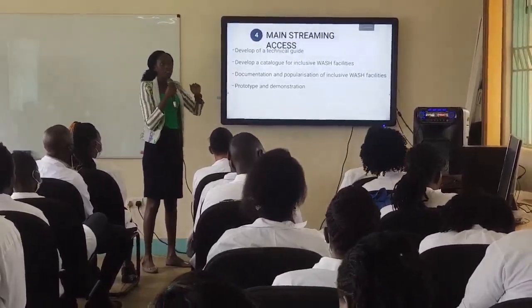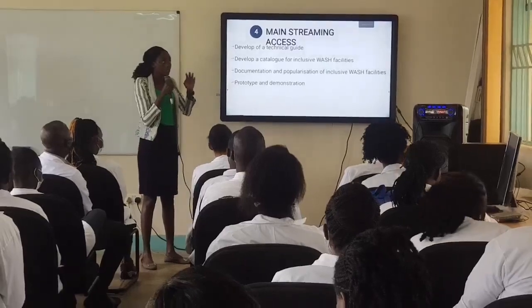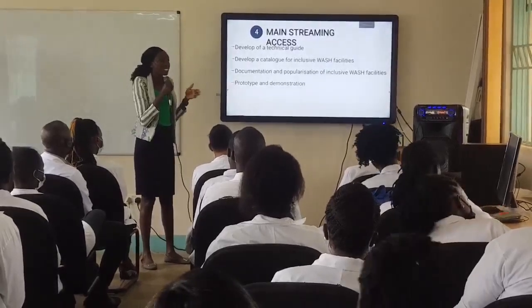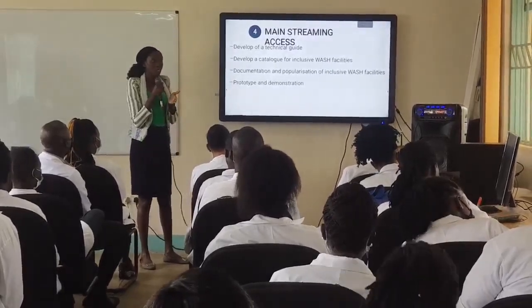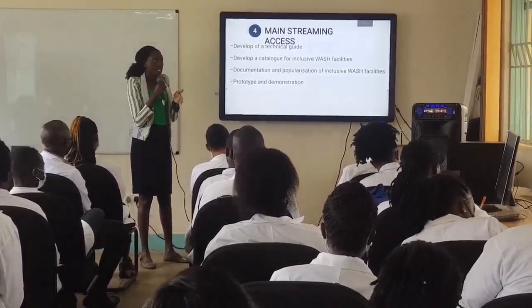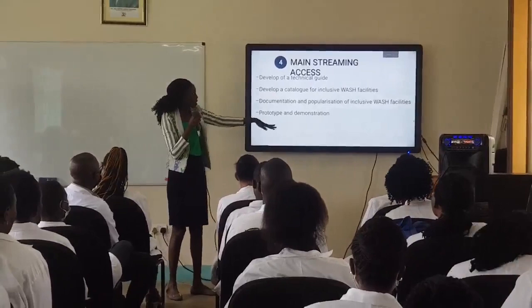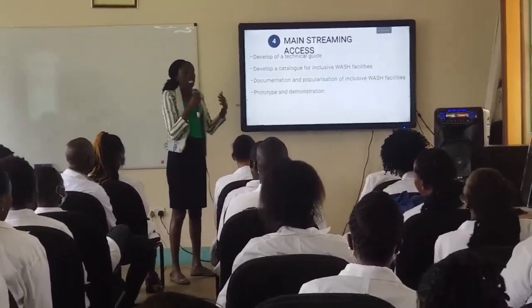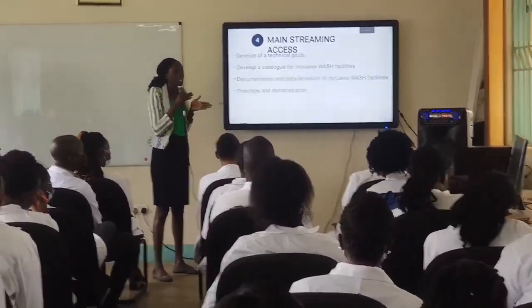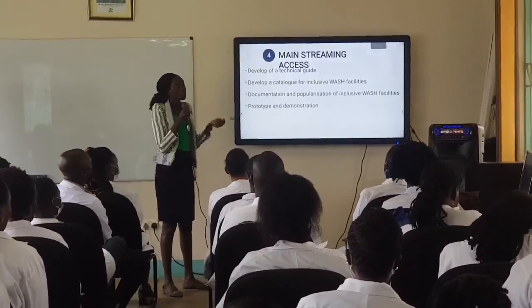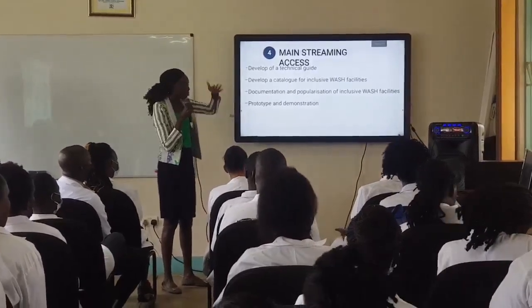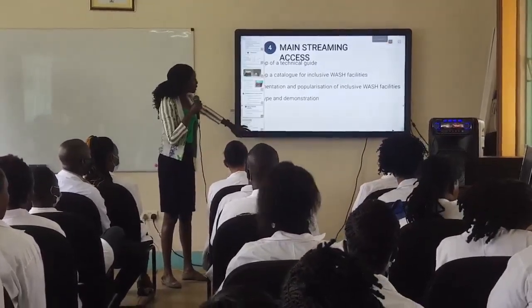We do documentation a lot because it helps us to improve our technology, to upgrade it, and actually scale it up. Then prototype and demonstration. These are usually done first in small communities, then they are scaled up for a bigger uptake.